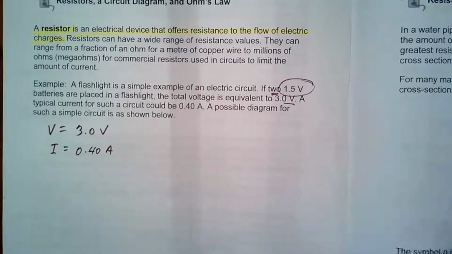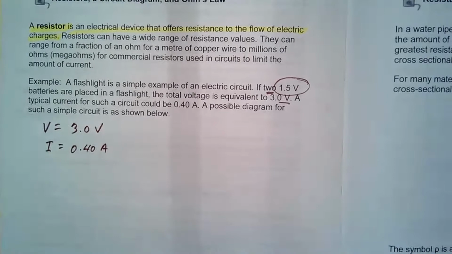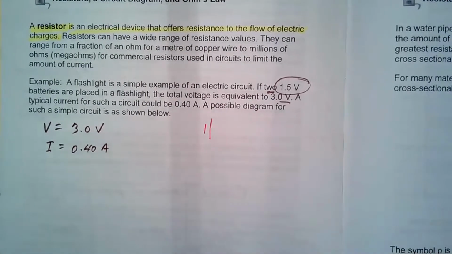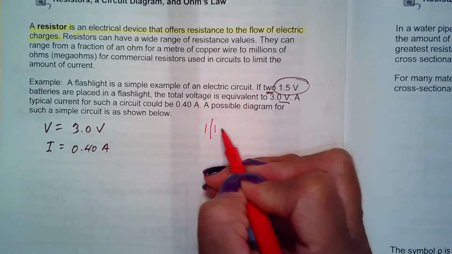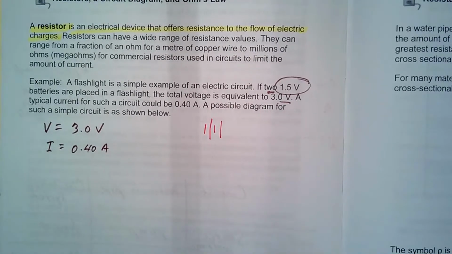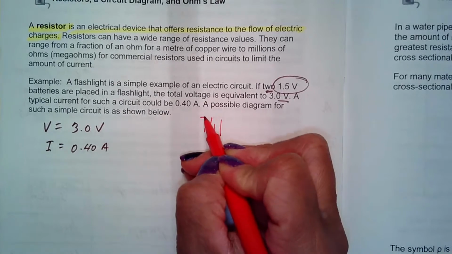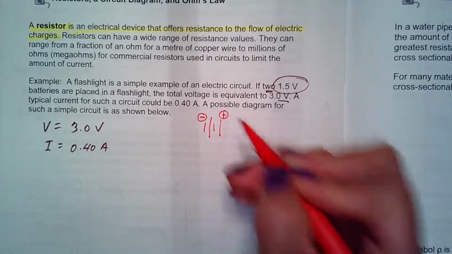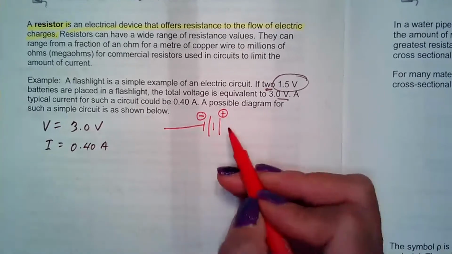Okay, so when you're creating a diagram for a circuit, you start with the power source. That makes it easier. So you have two of these batteries, and I'm going to connect the positive and the negative. The negative is the short end of the terminal and the positive is the longer end. So that's the source.